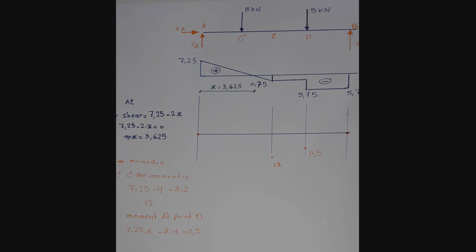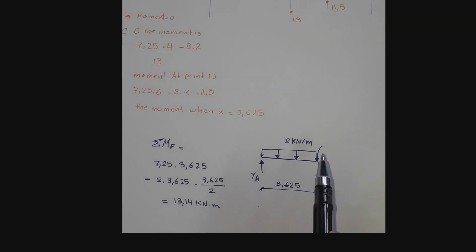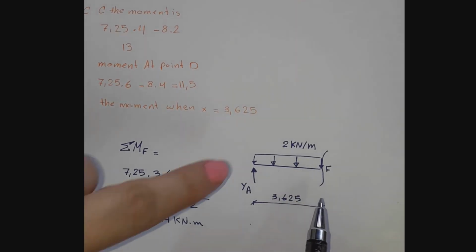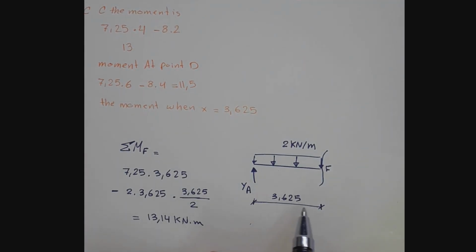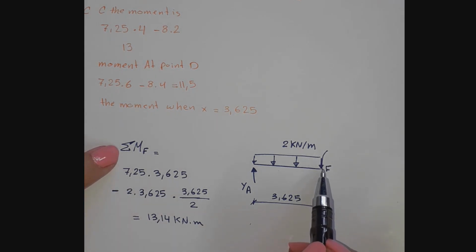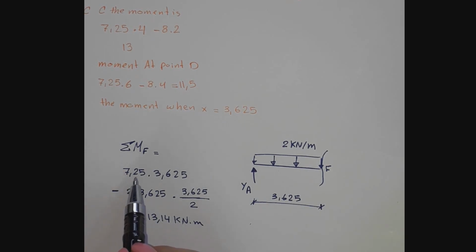I left the maximum moment to the end. We imagine that we made a cut at this distance. So we have this uniformly distributed load acting on this distance. So the sum of the moment about this point will be YA, which is 7.25, multiplied by the perpendicular distance between YA and F, and it's a positive moment.